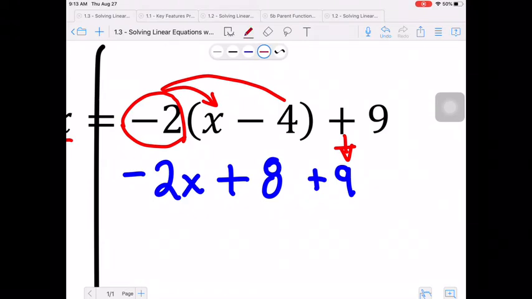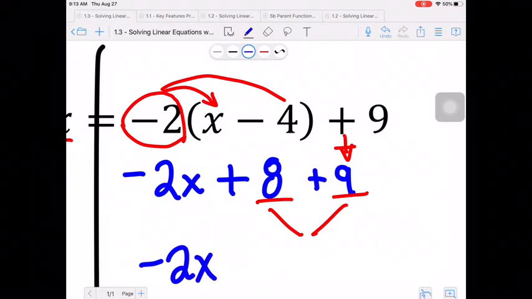I cannot combine the negative 2x with anything because it has an x. But I can combine the 8 and the negative 9, and I can put them together. So at the end, I'm going to be left with negative 2x, and I got a positive 8 and a negative 9, which makes negative 1... I mean, I have negative 2x plus 17 as written. Cool. So my right side has been simplified.